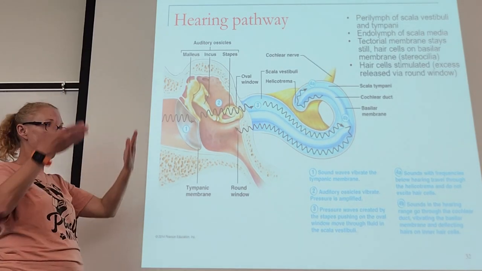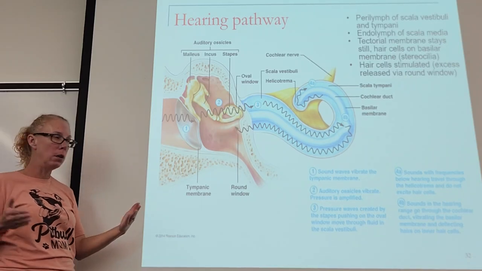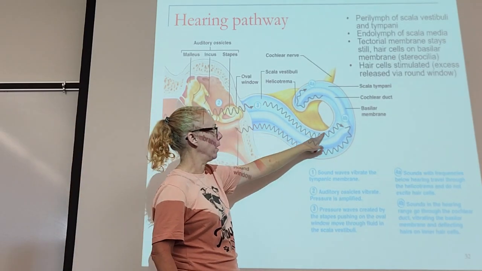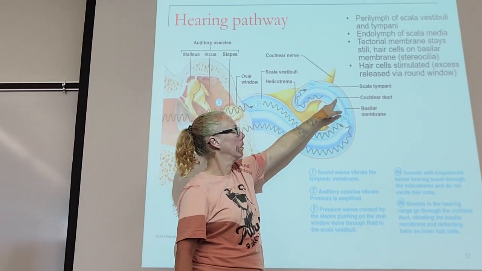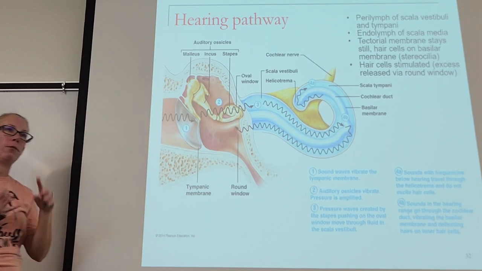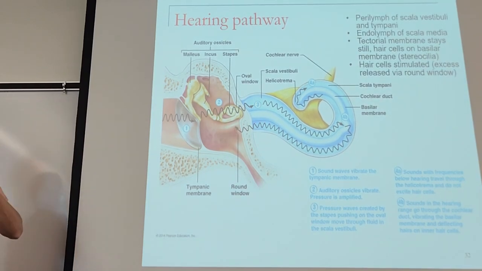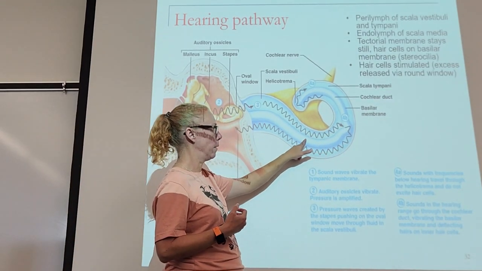And within whatever wavelengths we can hear and we're sensitive to, those wavelengths are going to enter the cochlear duct. Okay? And the cochlear duct, we're moving from perilymph to what kind of fluid? To endolymph. So the endolymph is going to start to vibrate.